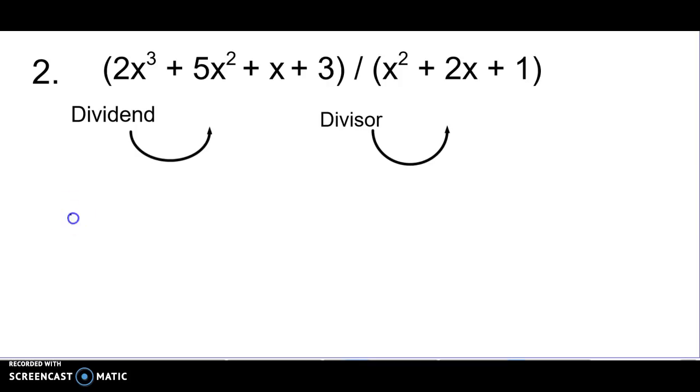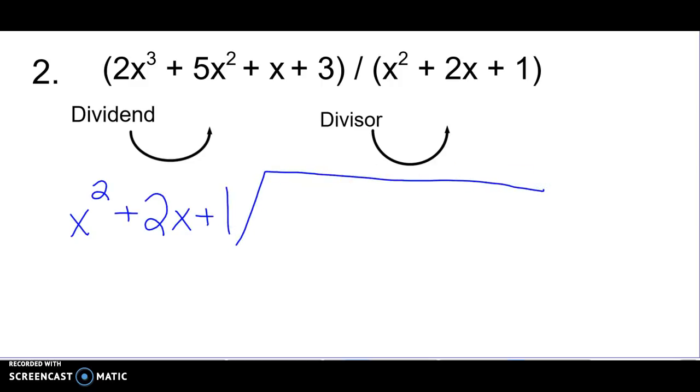So on the outside of the house, you have x squared plus 2x plus 1. Draw your divisor bar for your dividend. 2x cubed plus 5x squared plus x plus 3.